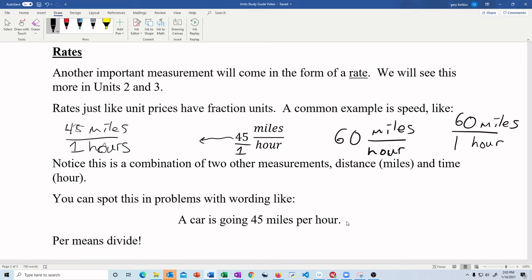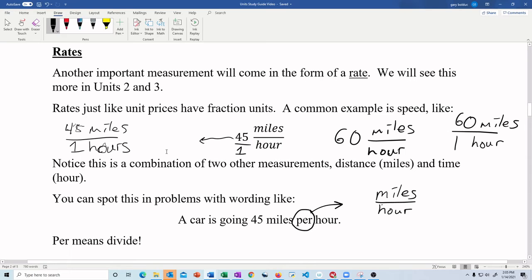Well, there's a very important key word here: per. Whenever you see the word per, it means when I do my units, I've got to do a division sign. The first unit you told me goes on top, miles. And then the second unit, hour, has got to go on bottom.